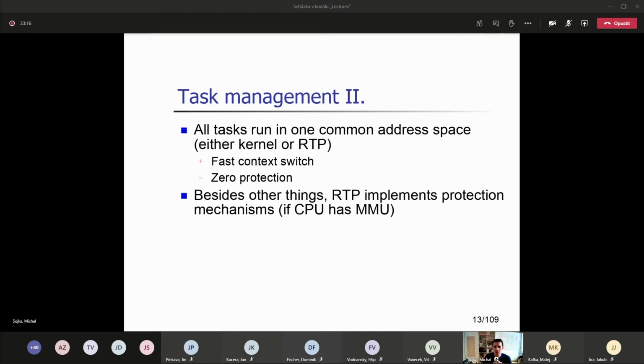So it's even possible, if you don't want to have this memory protection, you can develop your applications with real-time processes, but then you can switch off the memory protection. I think nowadays it's not really a good idea, but in the past, maybe if the CPU was slow, it was good because you save some time. So it was possible to switch it off. Nowadays, I would not recommend it. Just buy a bit faster CPU and you can have memory protection.